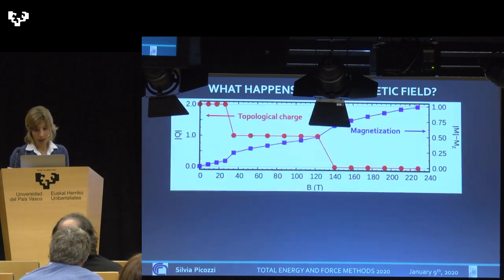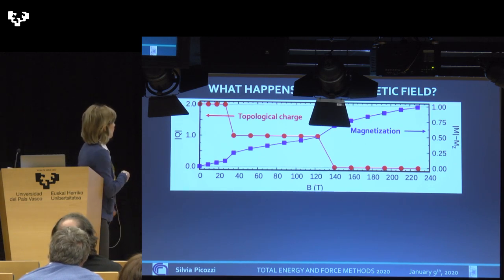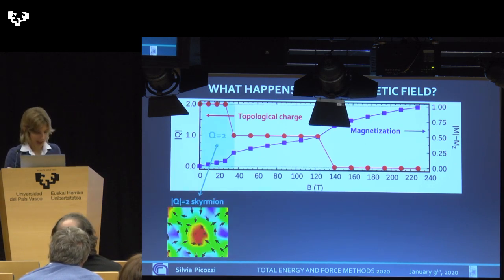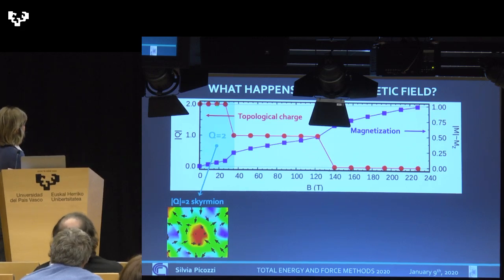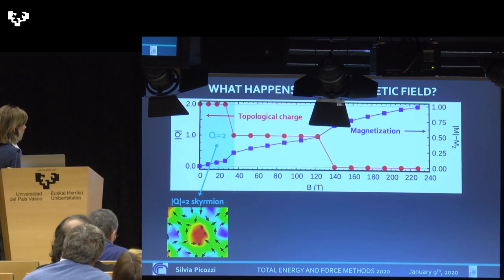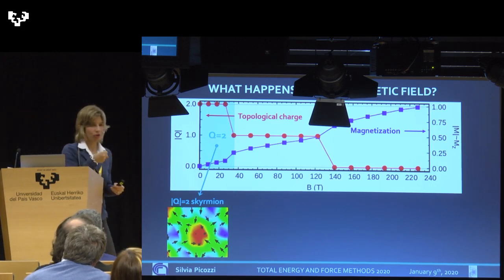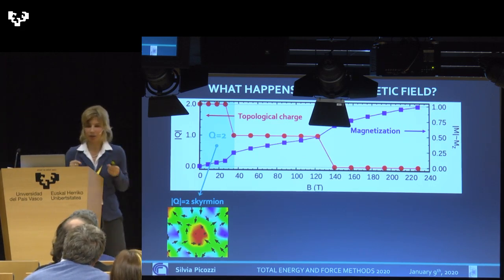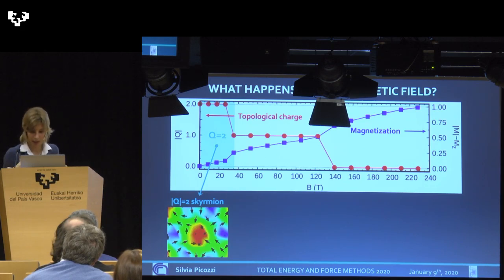If I now plot the topological charge as a function of my magnetic field, I can identify a first region in which I have this anti-skyrmion pattern up to 30 Tesla. So this state is really strong. You cannot destroy it with a magnetic field. It's really robust, and it actually doesn't change.